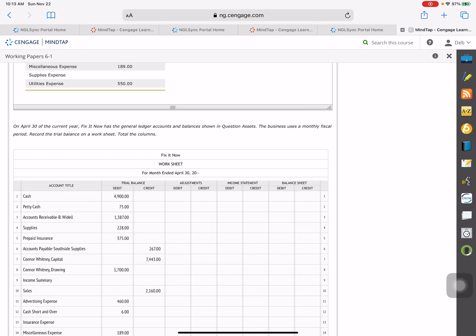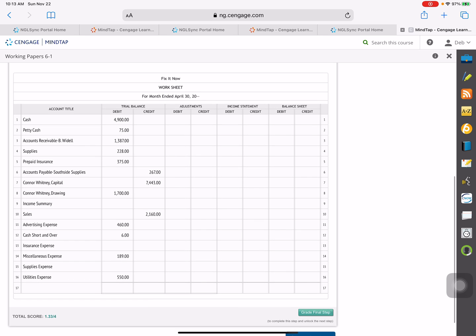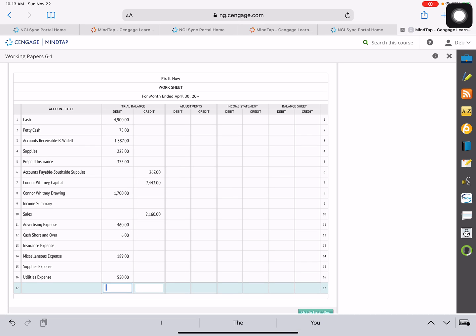So when we were done entering all of our balances, next what we need to do is add up the columns. So we will add those up, and we will write their balances in the last column. Okay, if I were to plug all those numbers in, I'm going to add them up. I will get $9,870.